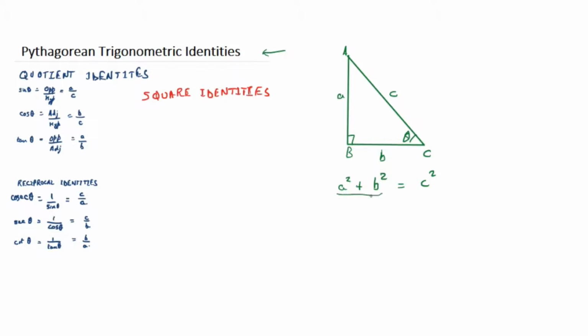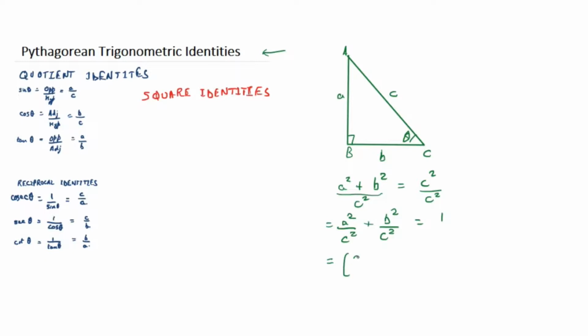Now if I divide both sides by c square, I'm going to get a square over c square plus b square over c square, which is going to be 1, because c square over c square is 1.